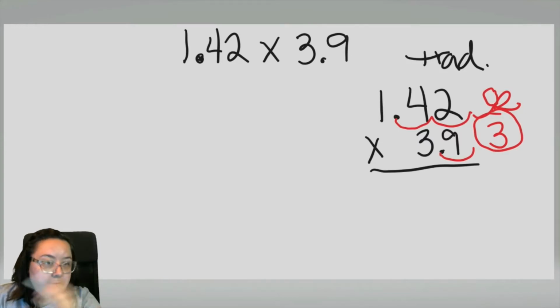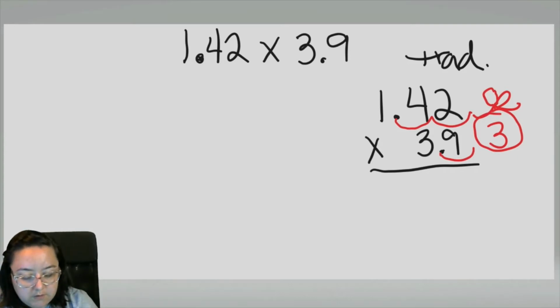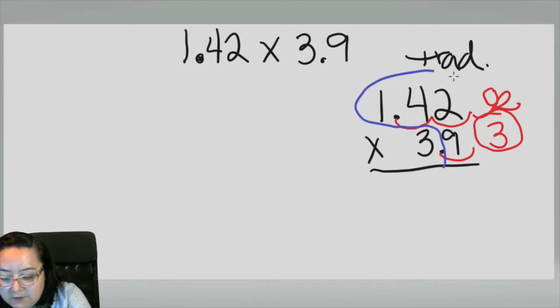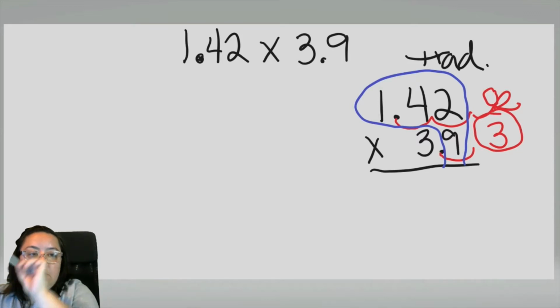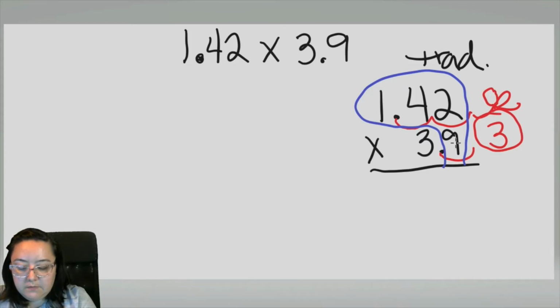Now that we've kicked our decimal out of the problem, it looks like what we're multiplying is 142 times 39. So this is the traditional algorithm. I'm going to set it up like my turtle head. Again, you draw your turtle head around the first digit on the bottom and around all of the digits that it's needing to be multiplied by.